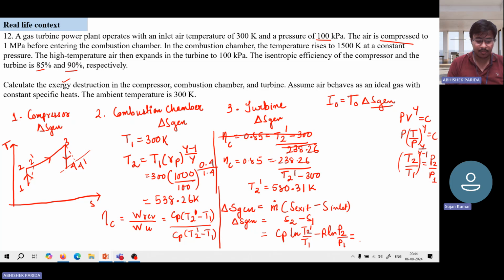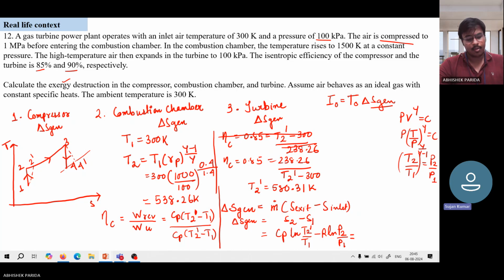Cp is 1.005. Yes, sir. But at the beginning itself, T2 itself, I am getting 579.2 Kelvin, sir. Here 1000 divided by 100, 10 to the power 0.4 divided by 1.4, and then multiplication with 300.